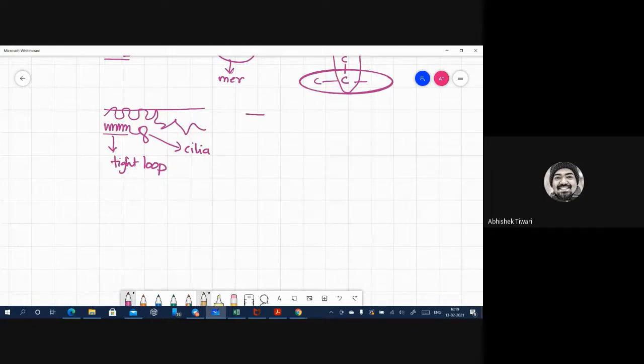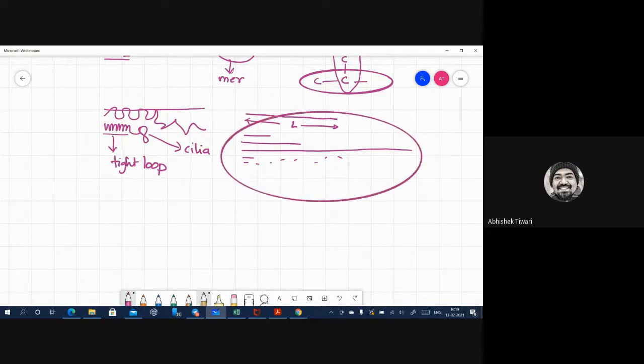These chains might be of different lengths. So you can have a short chain, you can have a longer chain, you can have a much longer chain, so all types of distributions might be there. Therefore, there is not a unique molecular weight which can be assigned to this whole polymer which you have made.